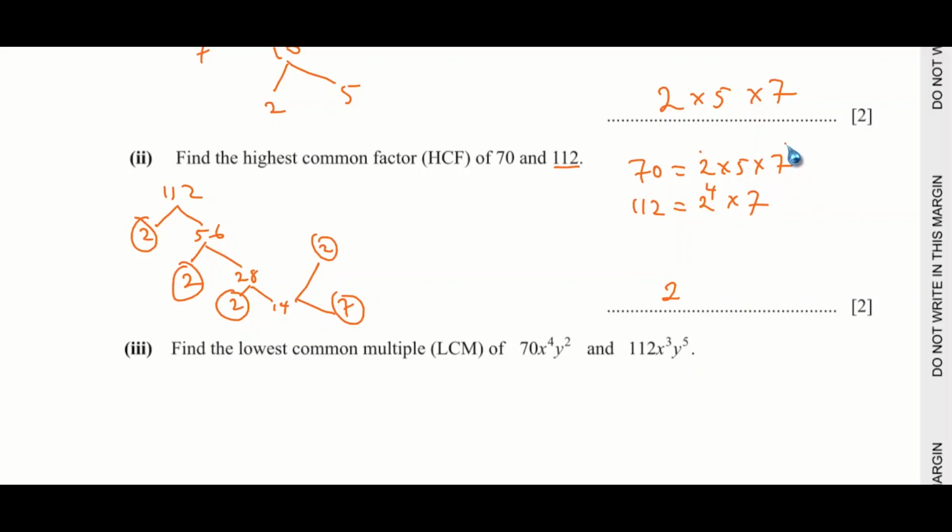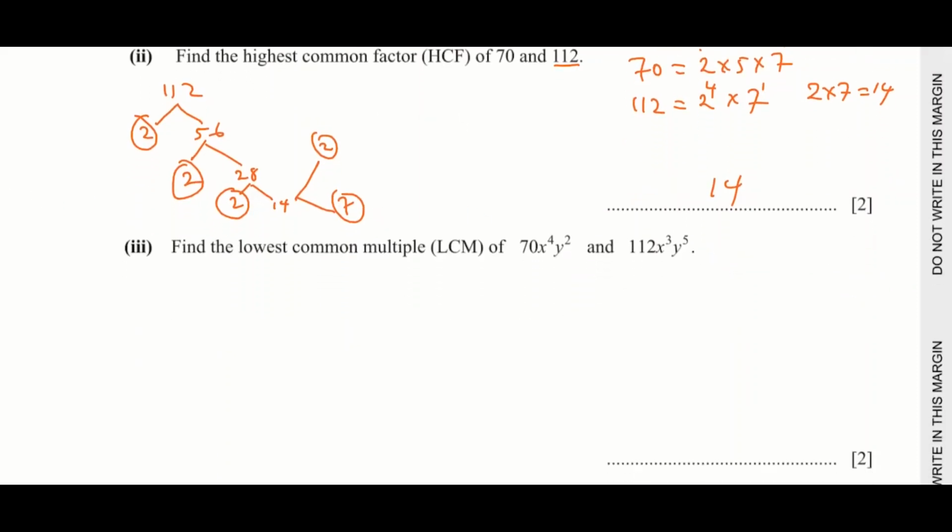For 7, we have 7 to the power of 1 in both. So the HCF is 2 times 7, which is 14.